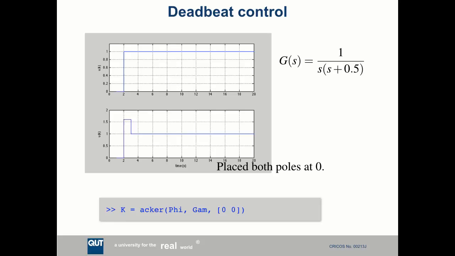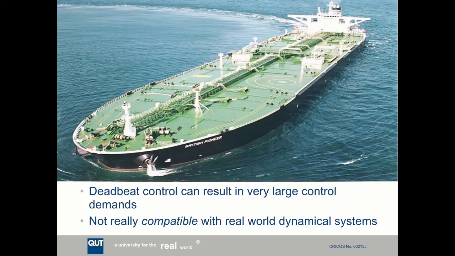And these are all arbitrary units, but in real life, a deadbeat controller will typically try and request huge inputs into the plant to get it to move in this kind of way, and that's not going to happen. So, the example of a supertanker, you have a very large plant like this, and if you try and turn its dynamics into just a pure time delay of 5 seconds, you're going to need a huge amount of power in order to do that.